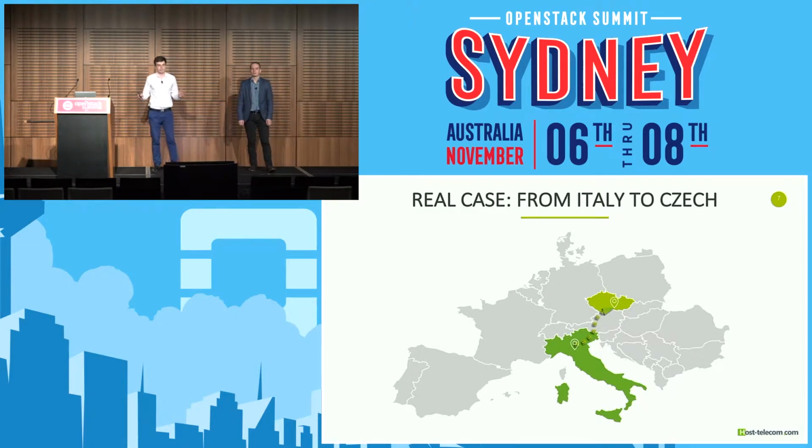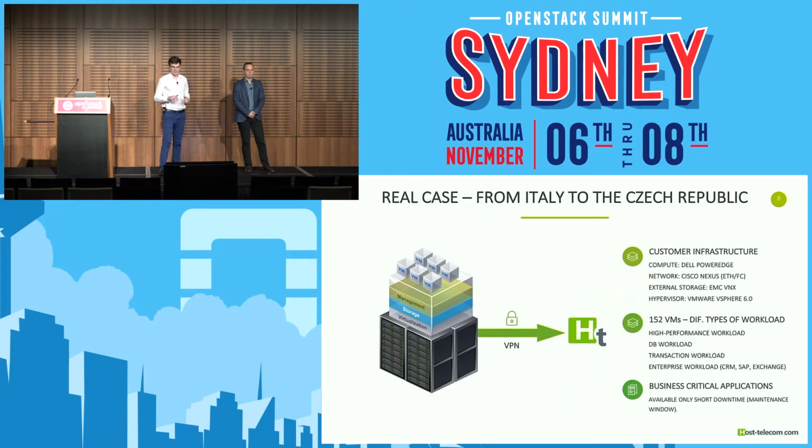So we have a customer in Italy whose company grows very quickly. They're using VMware in their data centers, and they use our IT infrastructure to host non-mission critical workloads. And they began evaluating our cloud for additional workloads. Here are some more details about the customer infrastructure.